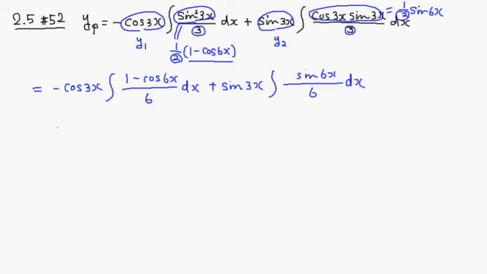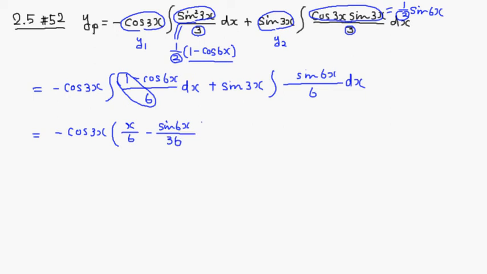So let's compute. It's going to be negative cosine of 3x; leave that alone. Then you have 1 over 6, so the antiderivative would be x over 6. Then you have a minus cosine of 6x, so it's going to be minus sine of 6x over 6, but the 6 was already there, so it's going to be 36.